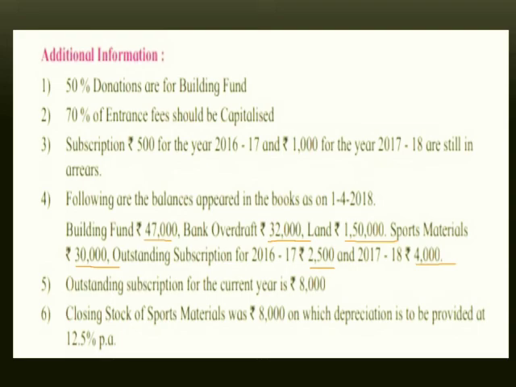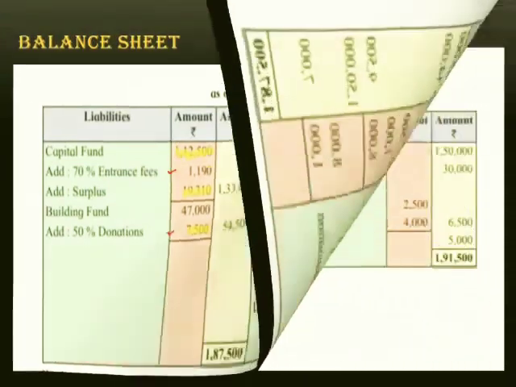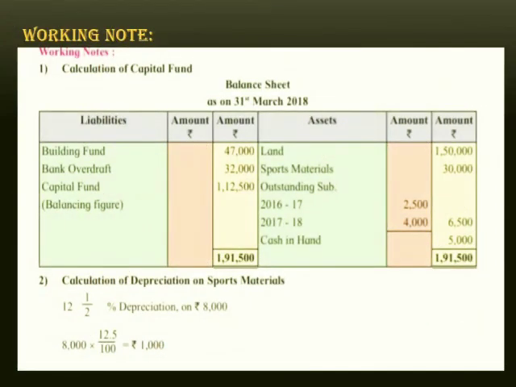We will do a working note. Under the working note, we will write each and everything. Like land, we will write it here on the asset side, sports materials 30,000, and outstanding subscription 2,500, 4,000. Cash in hand: this cash in hand 5,000, we have taken from the receipt side, opening balance.